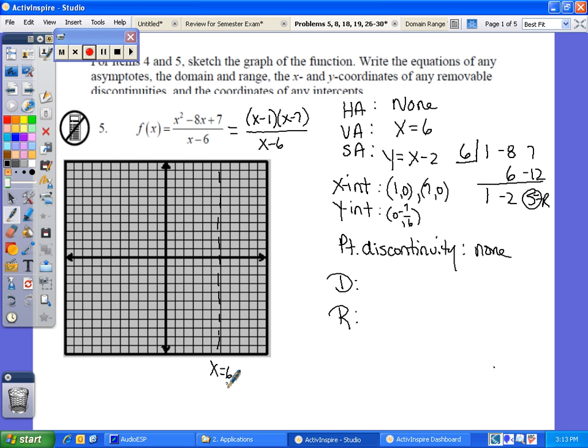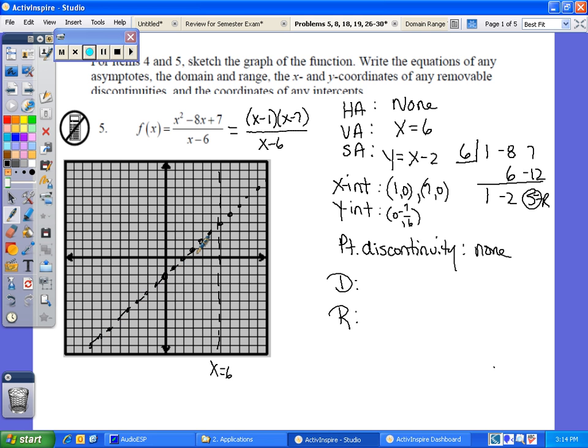How do you graph the simple linear equation? I take a look at the intercept first. So it intercepts at -2, and it also has a slope of +1. So if I rise 1, run 1, there's another point, rise 1, run 1, and I keep doing that. And that will help make my slant asymptote.